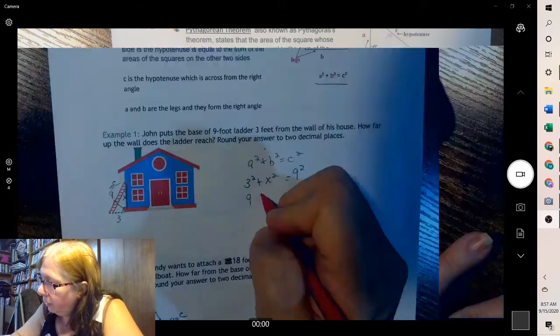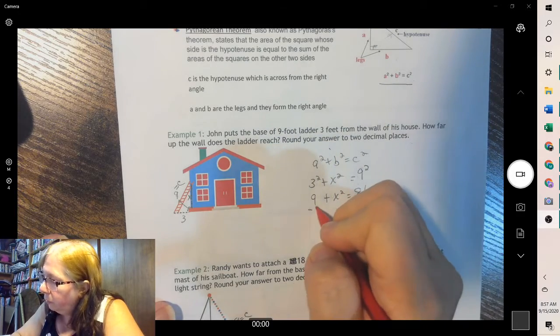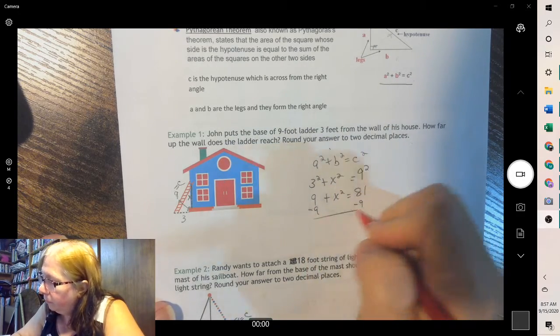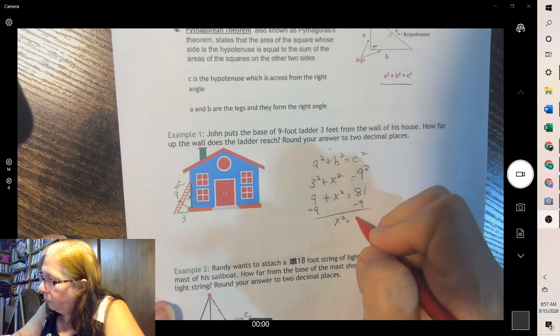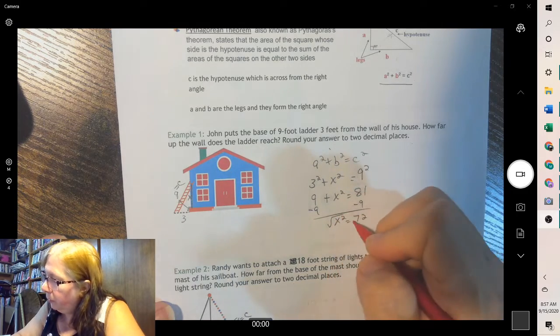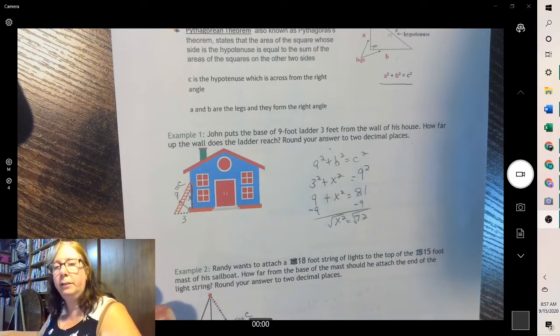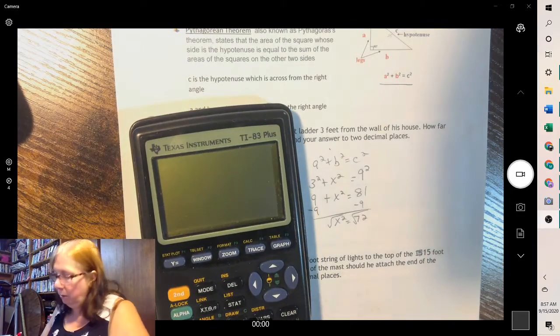Three squared is 9 plus x squared equals 81. Subtract the 9. X squared equals 72. And then to get rid of the squared, you take the square root. Now normally when we take the square root of both sides, it's a plus or minus.